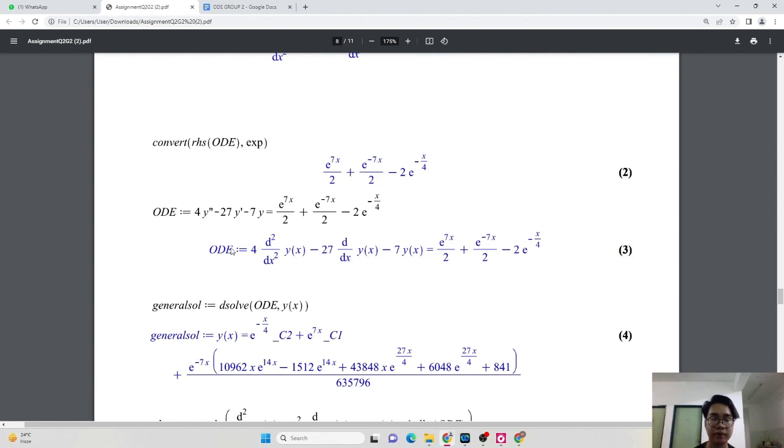over 4. The answer we get is ODE equal 4 d over d power of 2 over dx to ys negative 27 d over dx yx negative 7y x equal e power of 7x over 2 plus e power of negative 7x over 2 and negative 2 exponent power of negative x over 4.